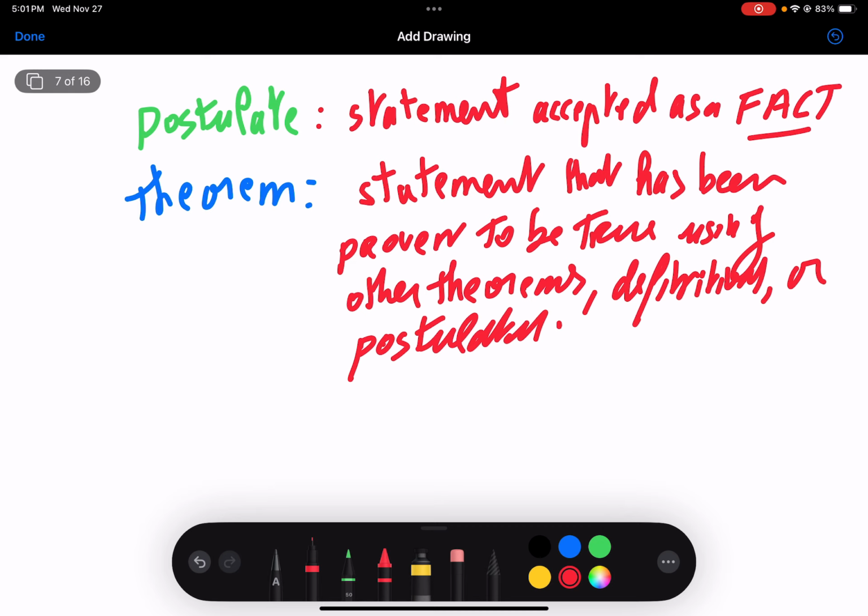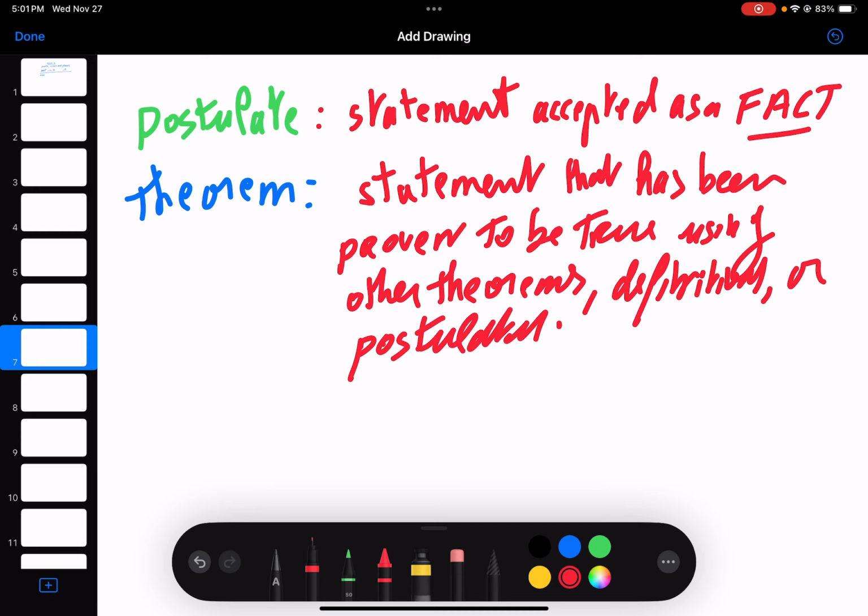So we'll start with our first postulate. So what's a postulate? It's already a statement that's a fact. It's already accepted.